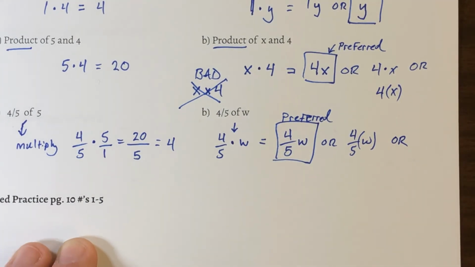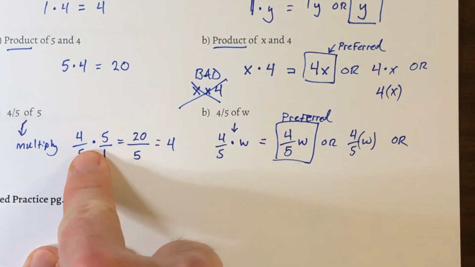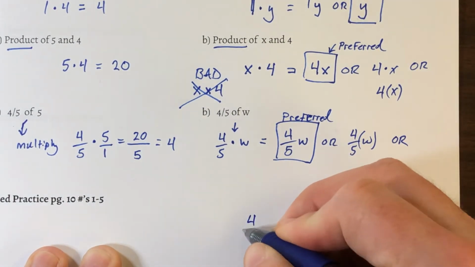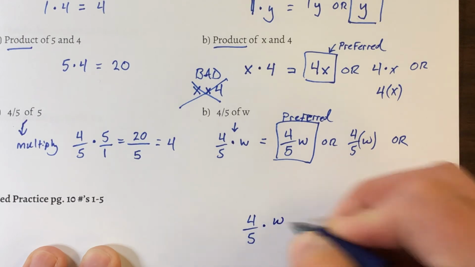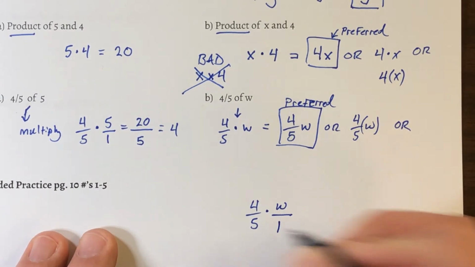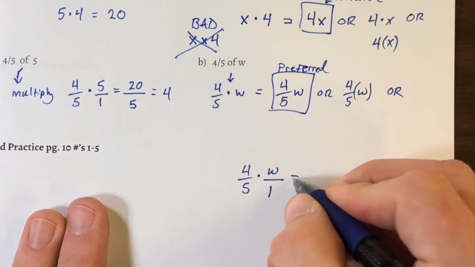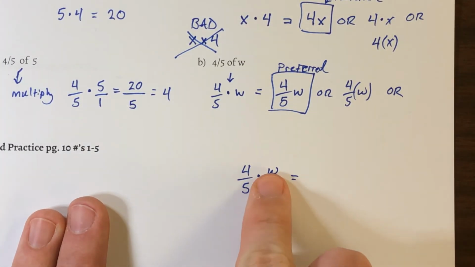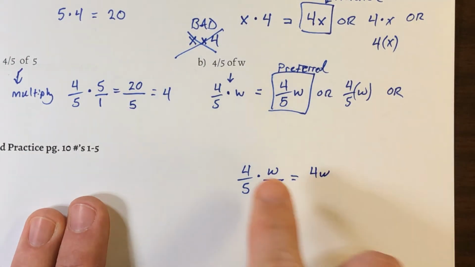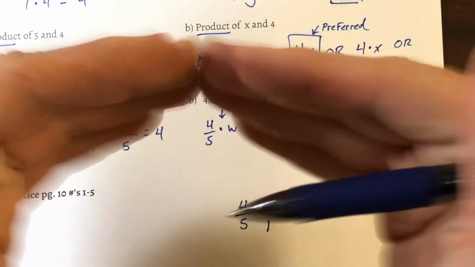the last one, let's go back and actually try to solve it by hand like this one. If I took 4/5 times w, and I treated w like a whole number, and put it over 1, and then multiply it across the top, what's 4 times w? Well, 4w. Again, multiplication of letters and numbers, just smush them together.